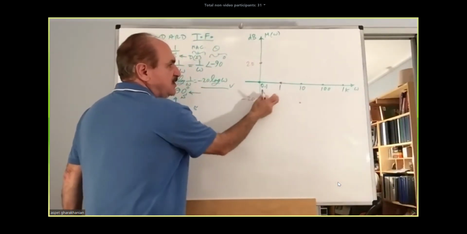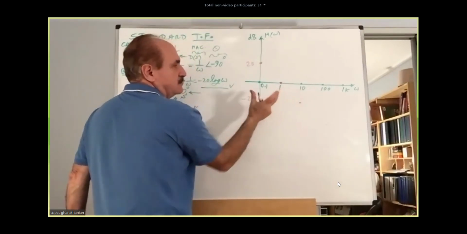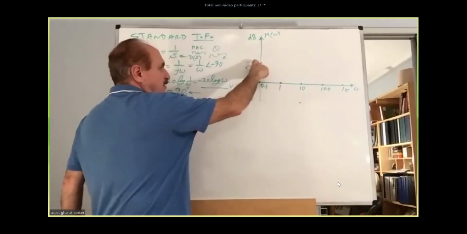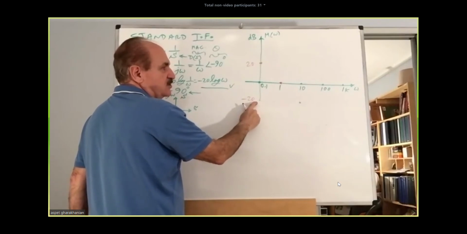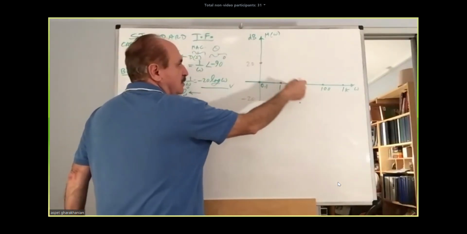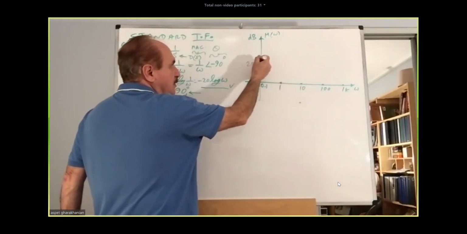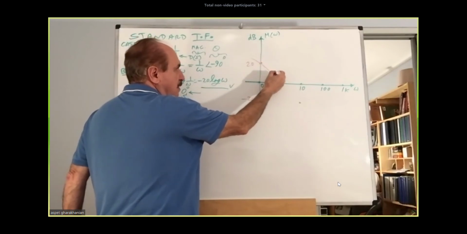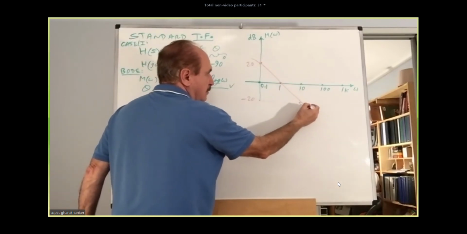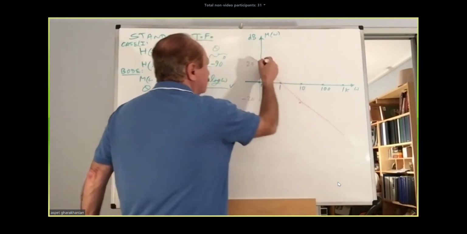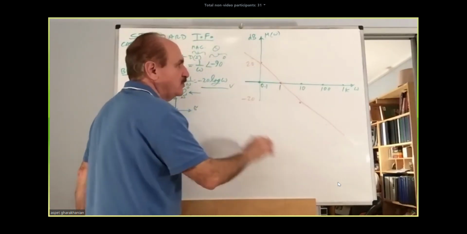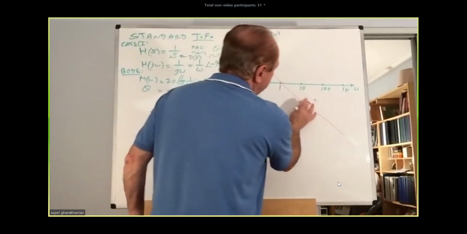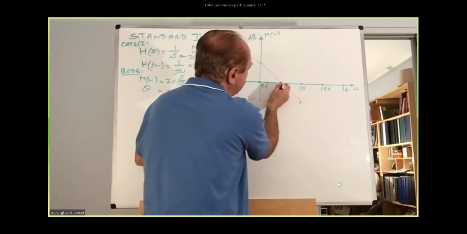If these scales are identical in length, that is, symmetrically above this one, then of course, if I continue, we are going to get a straight line like that, going down with a constant, fixed slope. Let me get a better line.